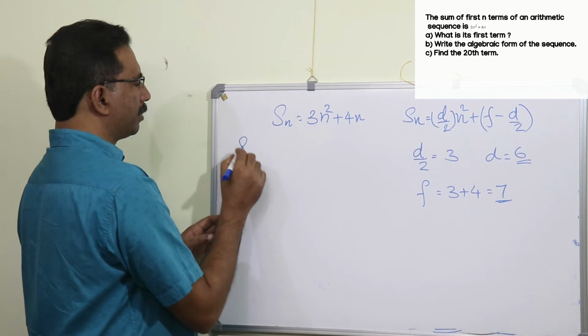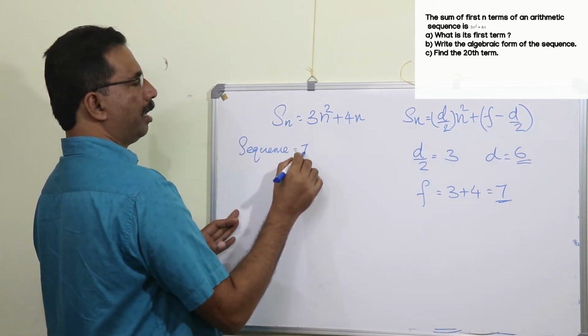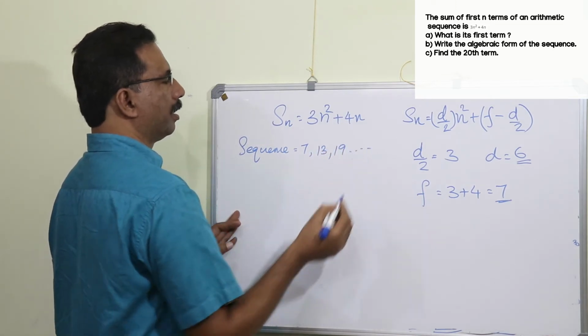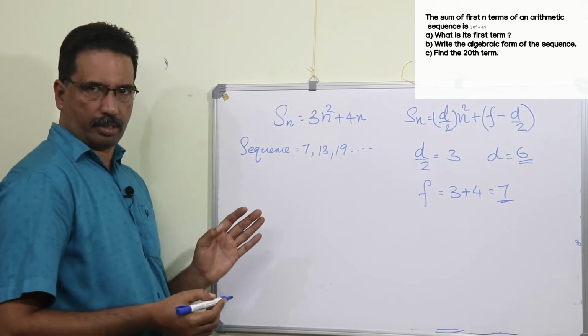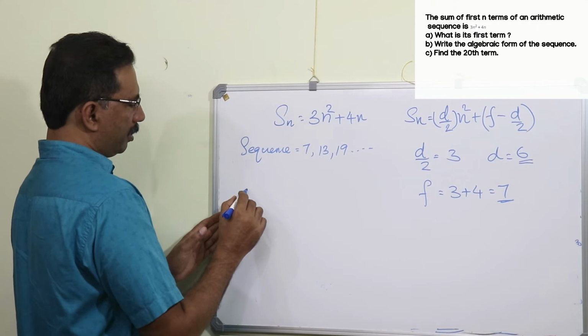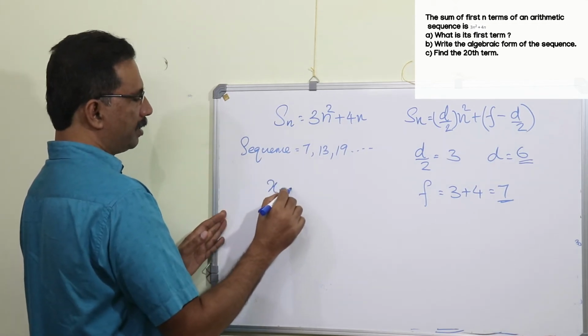Therefore, the sequence is 7, 13, 19, etc. This is the sequence. Then, what is the algebraic form of the sequence? What is the general term, or xn, of this sequence?